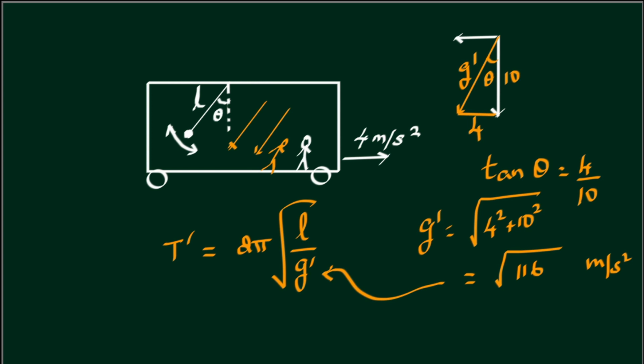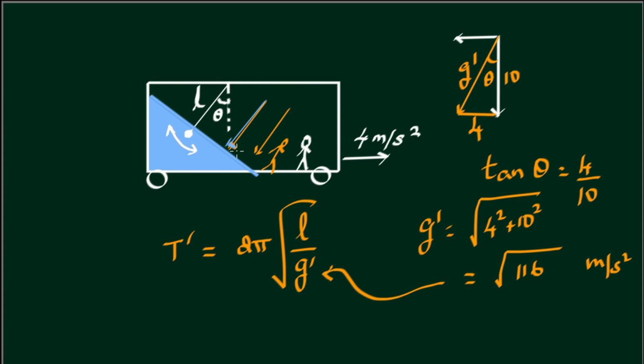And one more thing. What if this vehicle contained a lot of water on its floor? The water will accumulate towards the back side, right? And this will be the water. And if I ask what is the angle that the surface of the water makes with the horizontal, you can easily find out, because the surface of the water will be perpendicular to the gravitational field.